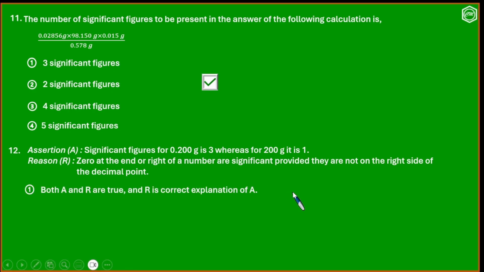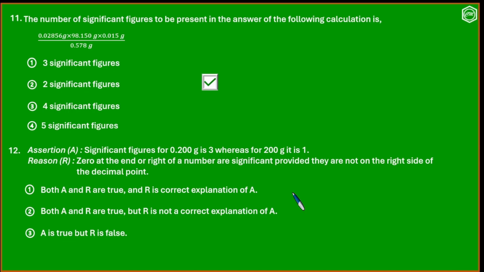Option 1, both A and R are true, but R is the correct explanation of A. Option 2, option 3 and option 4. So here the reason is wrong. 0 at the end or right of a number are significant provided they are not on the right side.